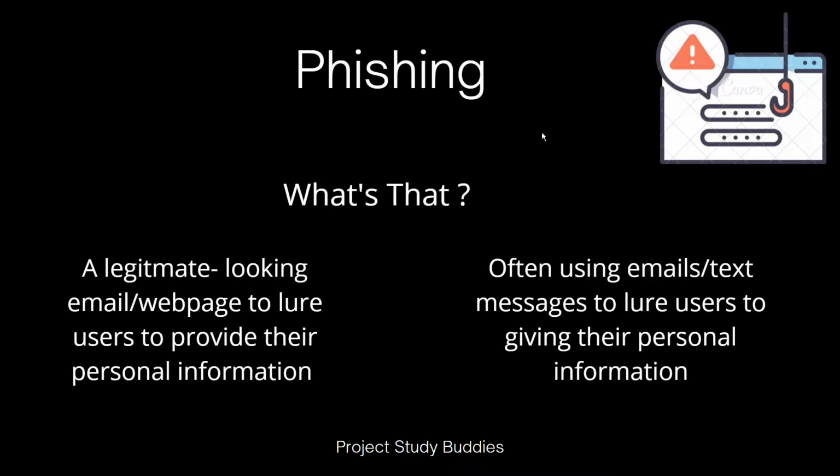Often they spread by emails or text messages. For example, they'll send you an email from Maybank asking you to provide your banking details, saying your bank account is frozen or whatsoever. Yep, something like that.